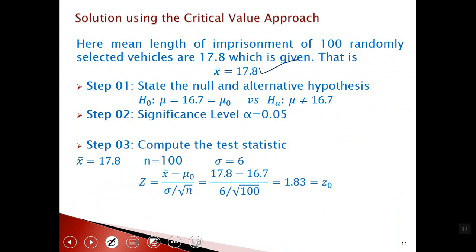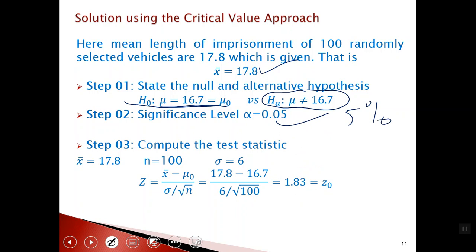First step, mention what H naught and HA, the alternative hypothesis, are. The alternative hypothesis says that differs, which means not equal. So your alternative hypothesis is mu not equal to 16.7. As always, H naught is mu equals mu naught, or that value. You know your significance level alpha is 0.05.